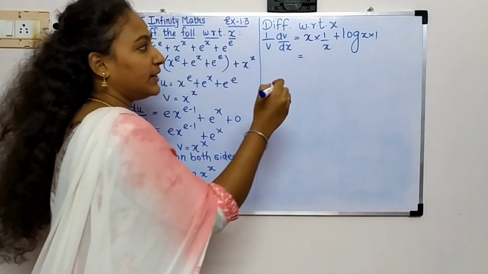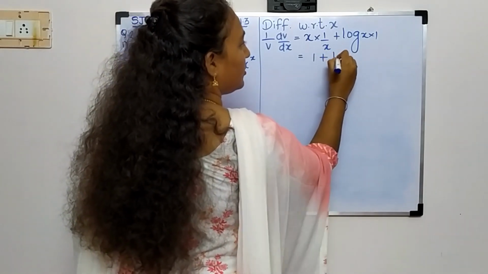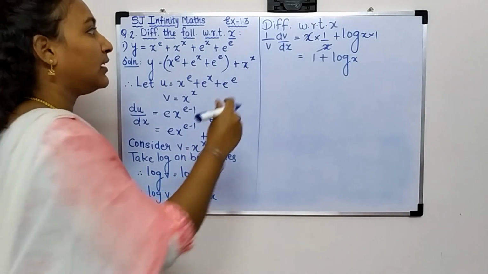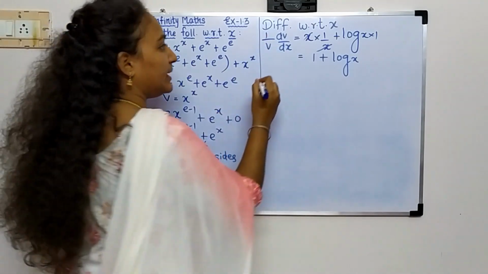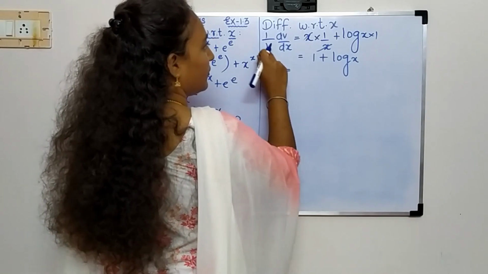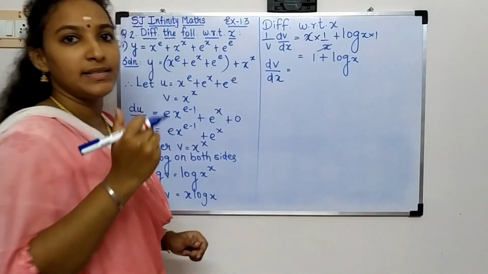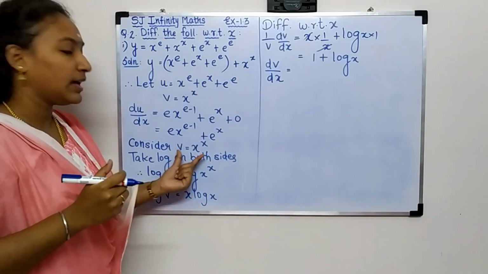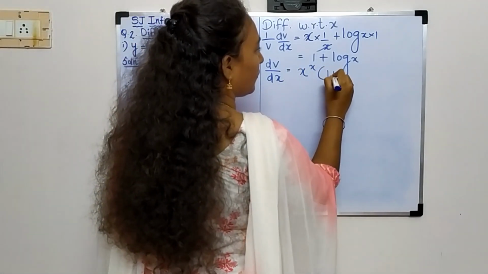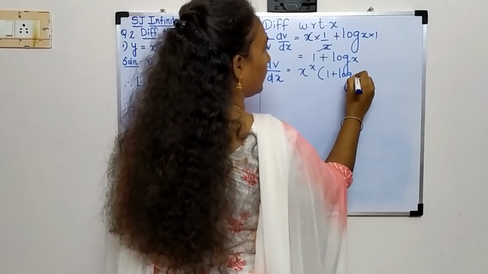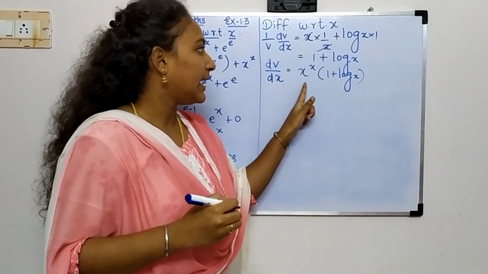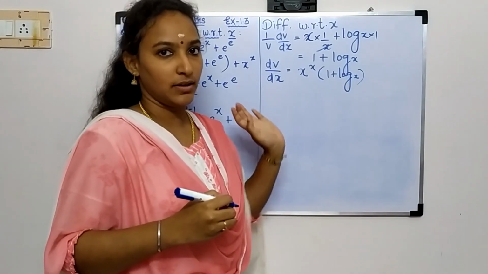This can be simplified to 1 plus log x because x and x get cancelled. Now we can find dv by dx. So dv by dx is v multiplied with 1 plus log x. What is our v? x power x. So the derivative of v comes to be x power x into 1 plus log x.